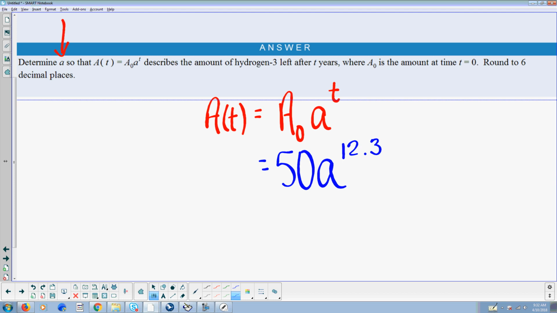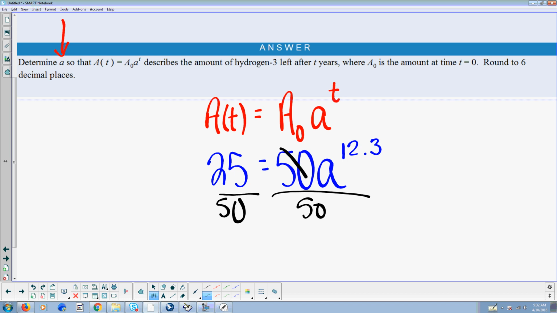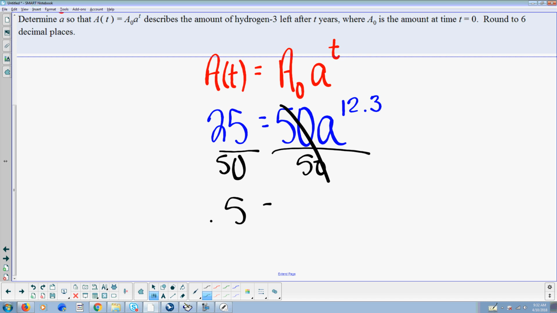So that amount after 12.3 years would have to be 25. It's halving it. So I could put any numbers here, 150, or 2 and 1. Okay, now, to solve this, we're going to divide by 50. And every single time on the left side, we're going to get 0.5 equals a to the 12.3.